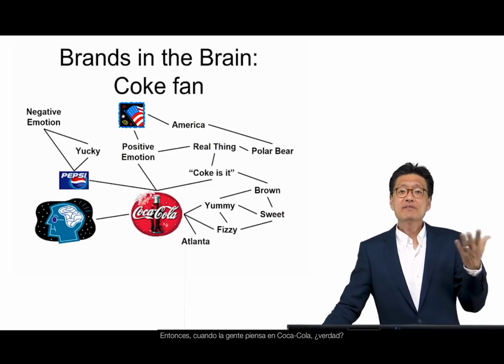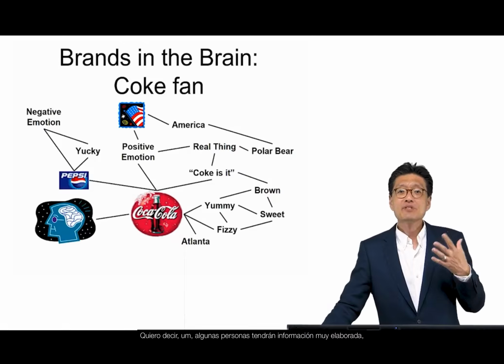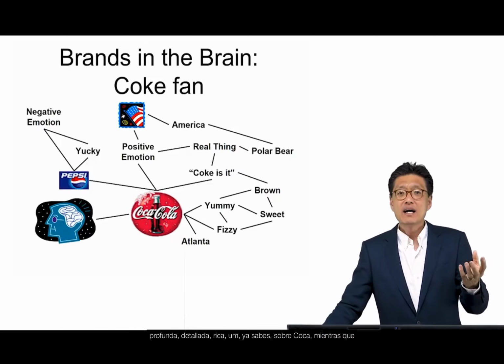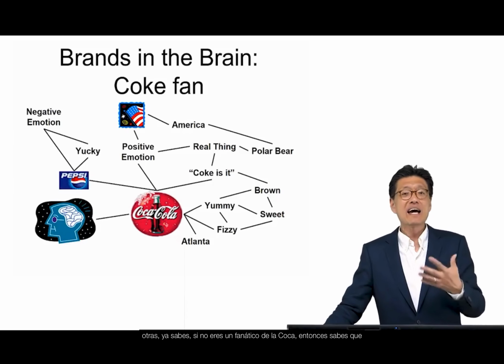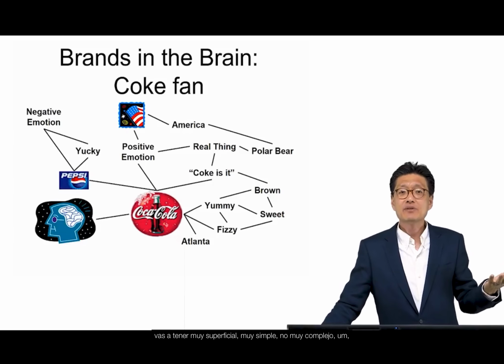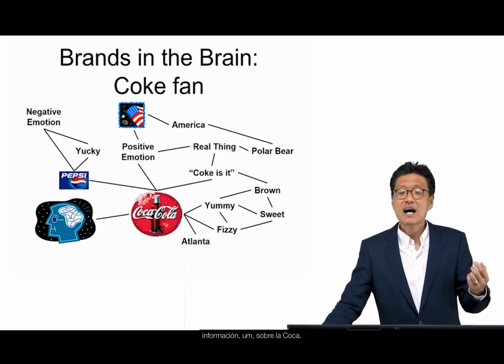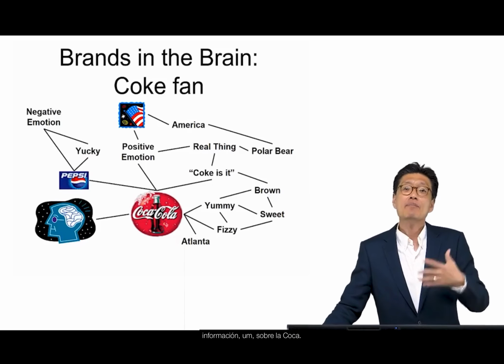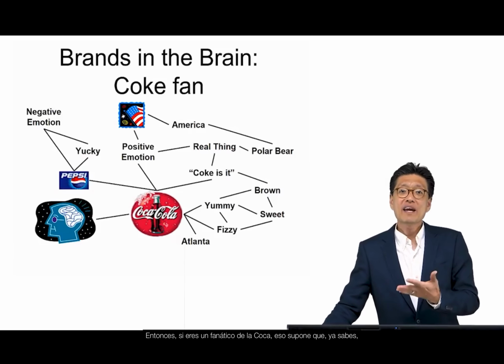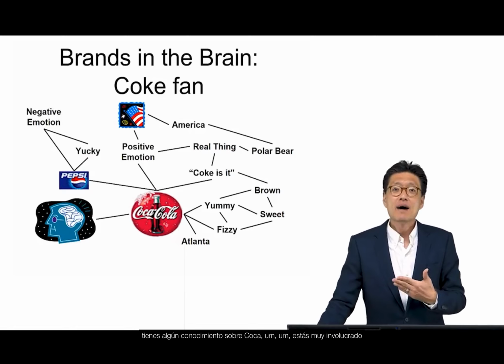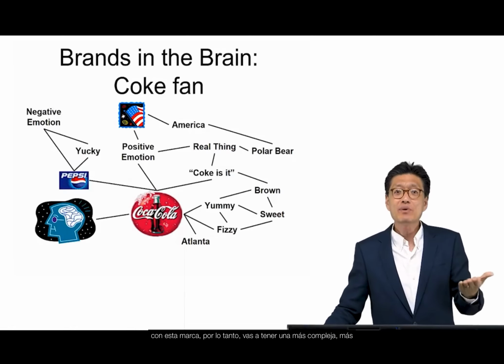When people think of Coke, some people will have very elaborate, deep, detailed, rich information about Coke, whereas others, if you're not a Coke fan, are going to have very shallow, very simple, not very complex information about Coke. So if you are a Coke fan, that's assuming that you have some knowledge about Coke. You're highly involved with this brand.